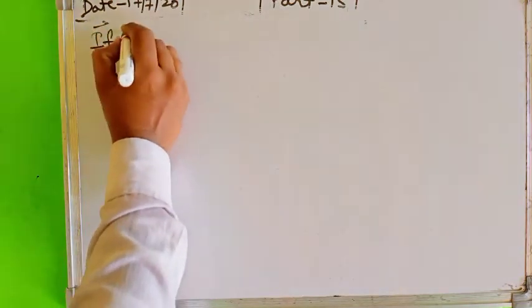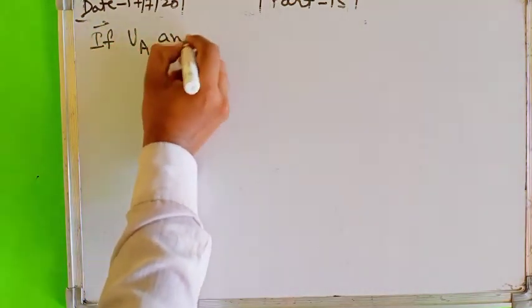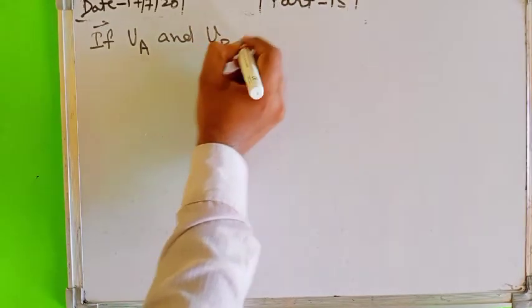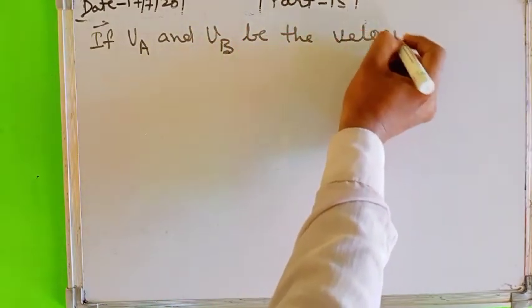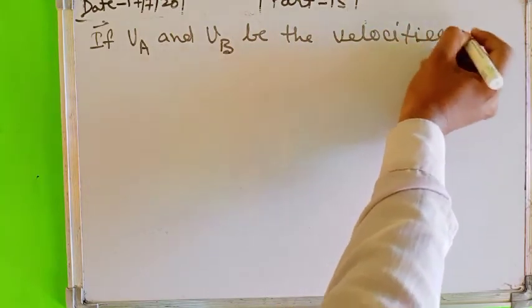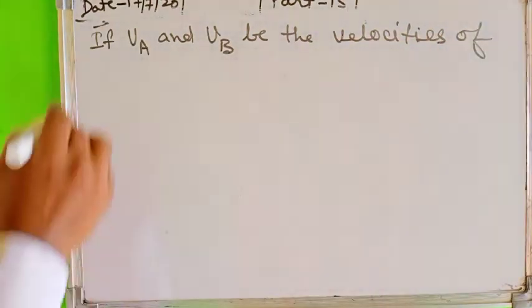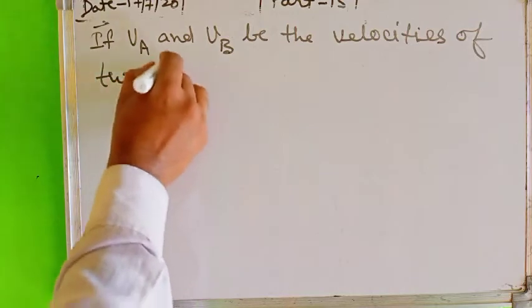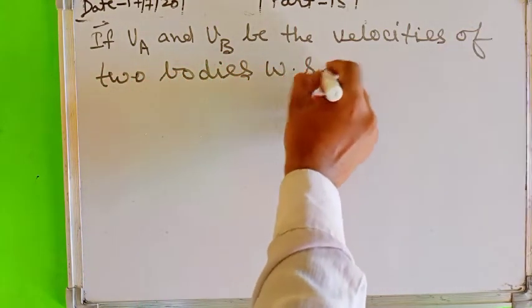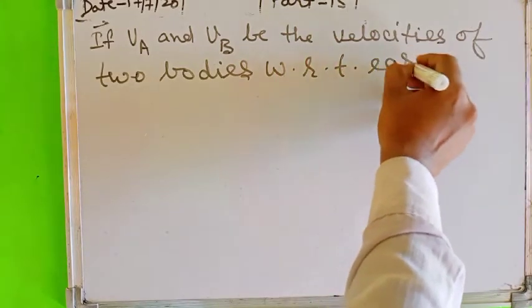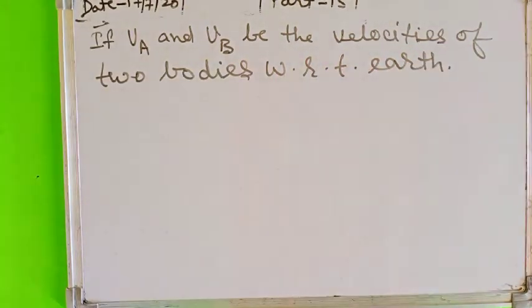If VA and VB be the velocities of two bodies with respect to Earth. VA is the velocity of an object with respect to Earth and VB is the velocity of an object with respect to Earth.